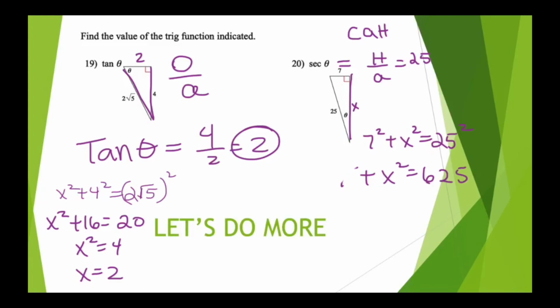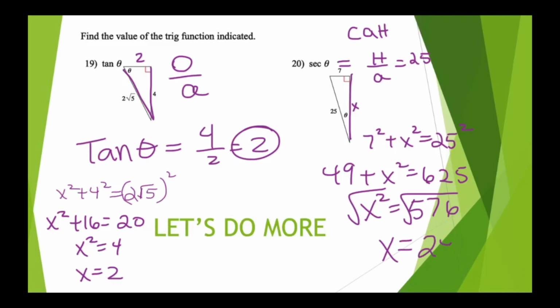And the 7 squared is 49. Subtract the 49 to the other side. X squared equals 576. Take the square root of both sides, pause this, put it into your calculator, and calculate the square root of 576 and come back when you have it. You should have gotten 24.